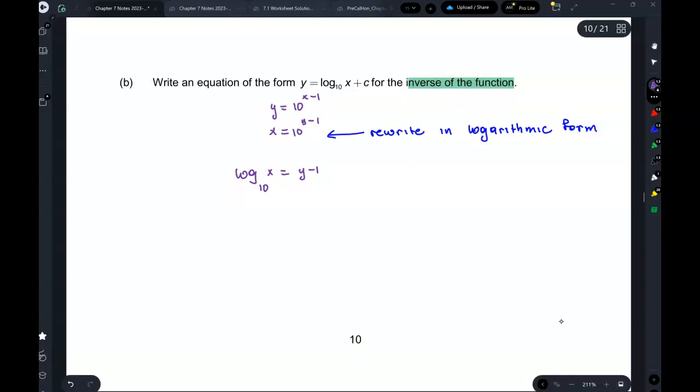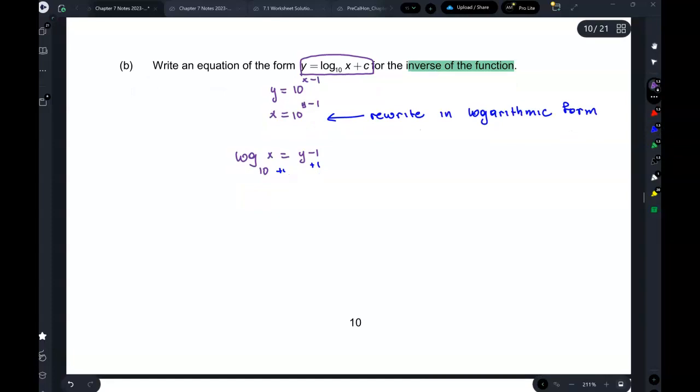Okay, so now you're like, okay, fine. And then you're like, wait, what is the question even asking me to do? The question is saying write an equation in the form of y equals log base 10 of x plus c. Oh my God, I'm almost there. I just have to solve this for y. How do I solve this for y? Add 1 to both sides.